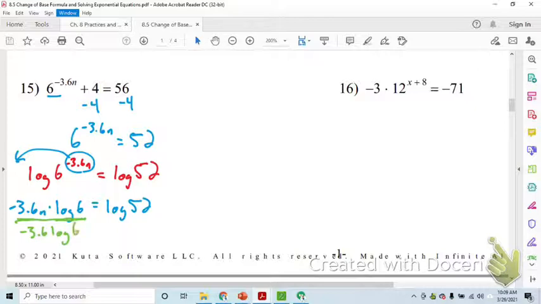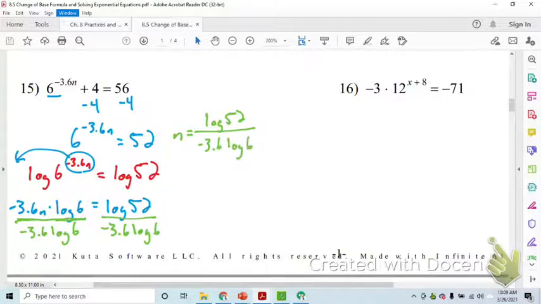log of 6. Now, depending on your calculator, you're going to have to plug that in a couple different ways. So hopefully, I might even add that to the calculator video just to make sure you know what you're doing. But anyway, n is going to equal, and this is what I would do, log 52 divided by negative 3.6 log 6.